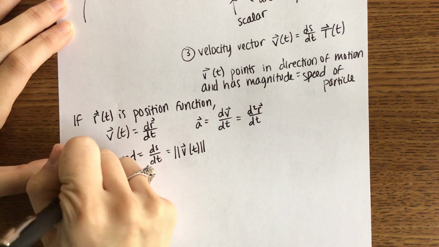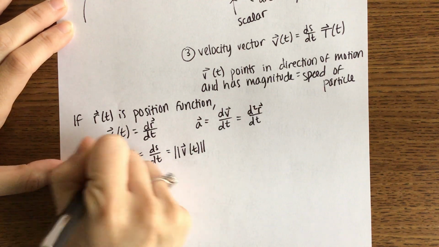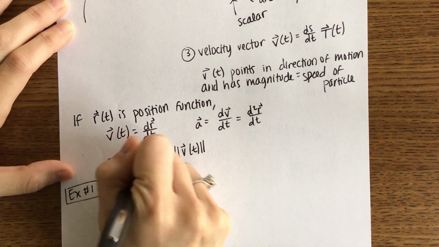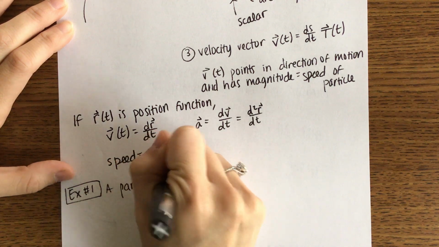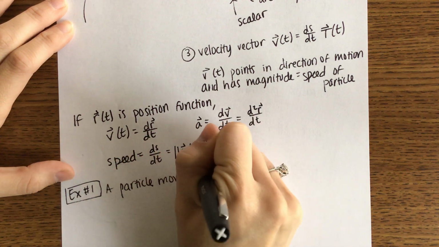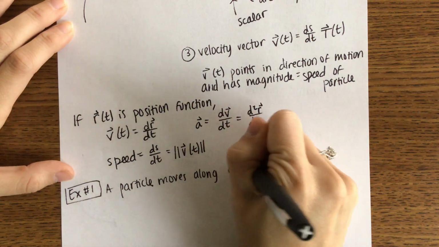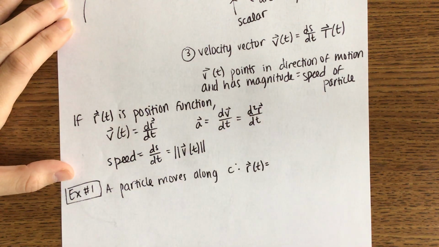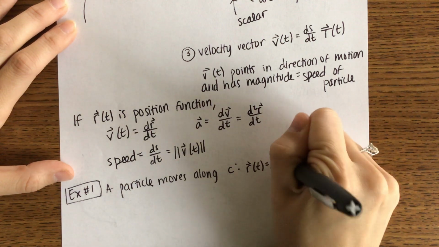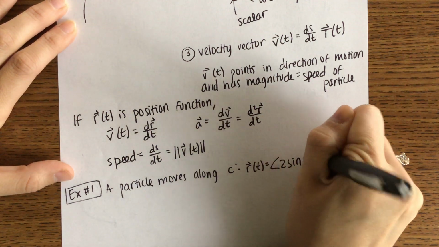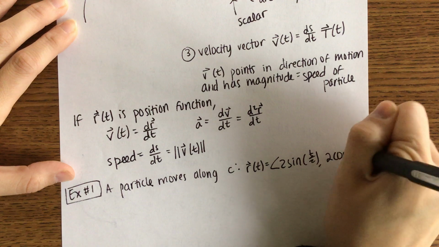So let's do some examples. A particle moves along C. C is the vector valued function 2 sine of t/2, comma 2 cosine of t/2.